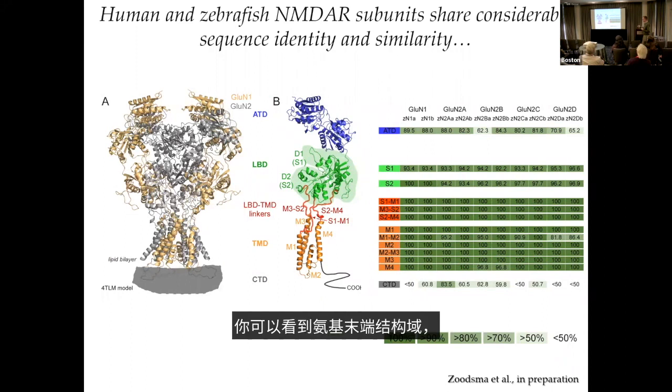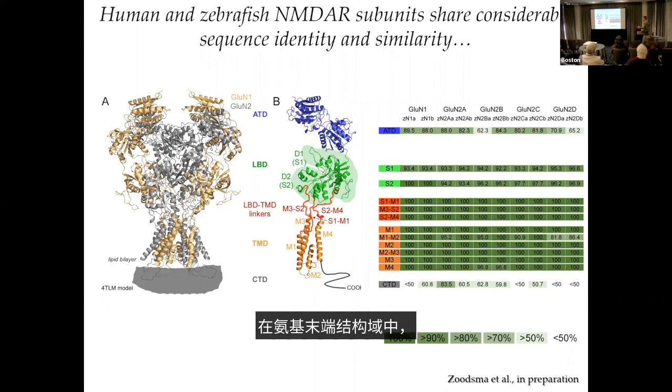You can see the amino terminal domain, the ligand binding domain, the transmembrane domain, and this intracellular C-terminal domain. We did sequence alignments between the human subunits and the zebrafish paralog. From about here all the way to the end of M4, sequence similarity is close to 100%. So there's really high sequence similarity.